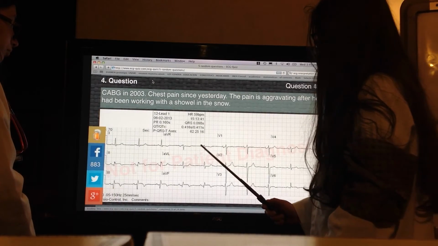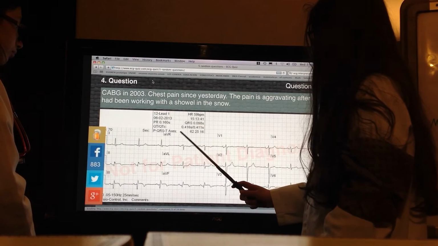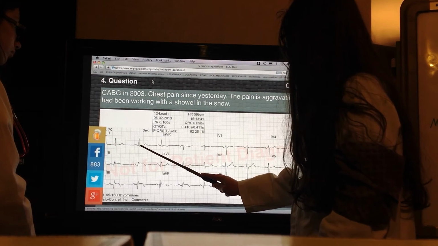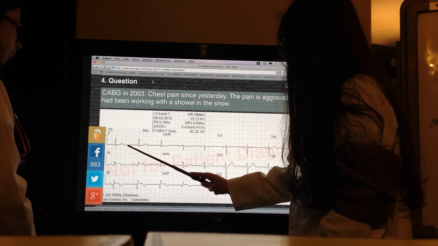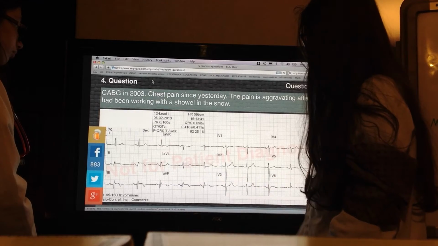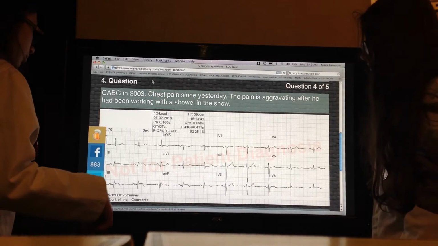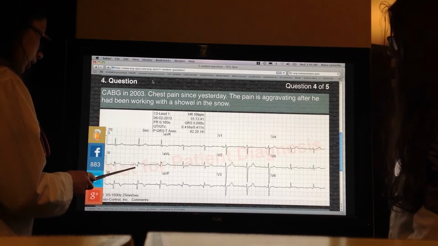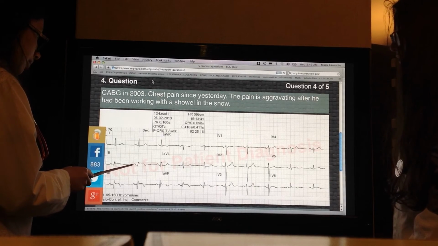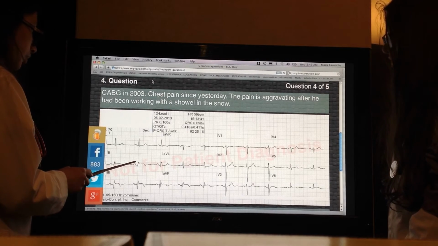Now we are going to see the ST segment elevation at the J point. Here, this is the J point, and this is the baseline, and the J point is isoelectric. Here, the J point is elevated like 0.1 millivolts.